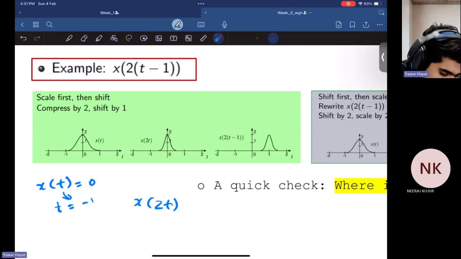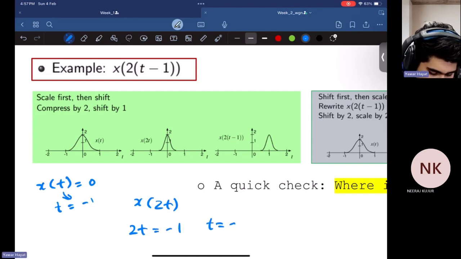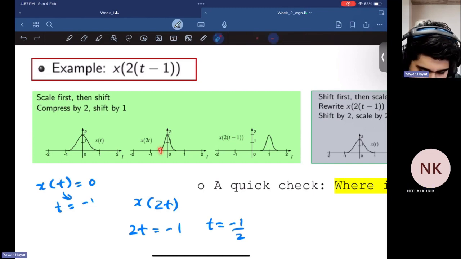When I do that, t is minus 1 by 2, right? And that is what we can see from this plot as well, right?